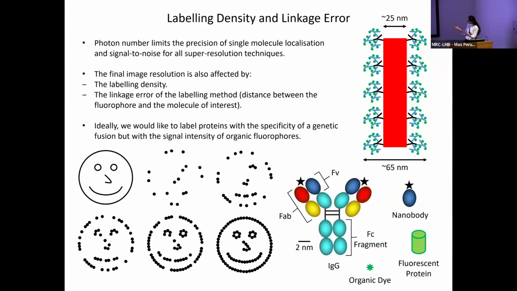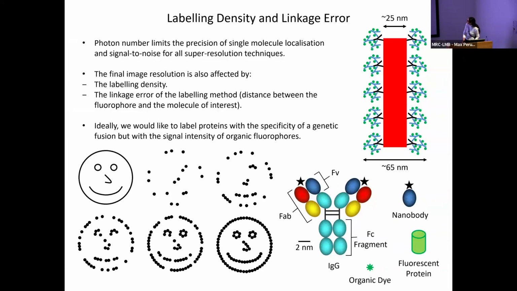But the more intense the labeling is, the more you can resolve all the structures. So this is what that slide shows. You create gaps if you don't have enough molecules tagging your structure, which is less problematic when you use confocal microscopy or regular microscopy. But for super resolution, you need to have enough molecules so that you can reconstitute the structure.